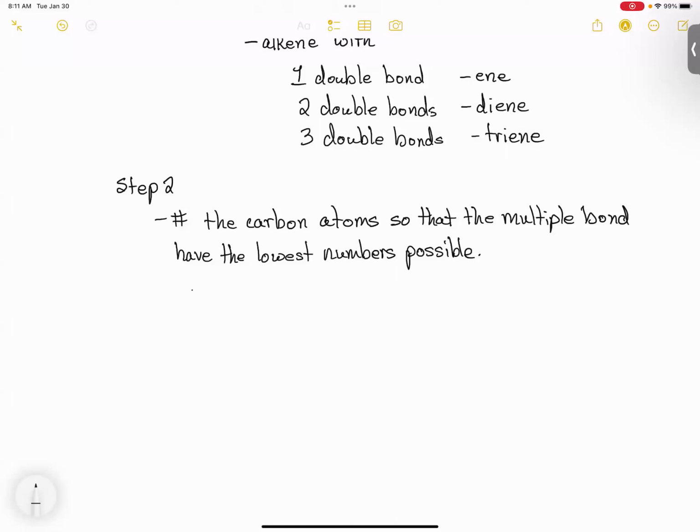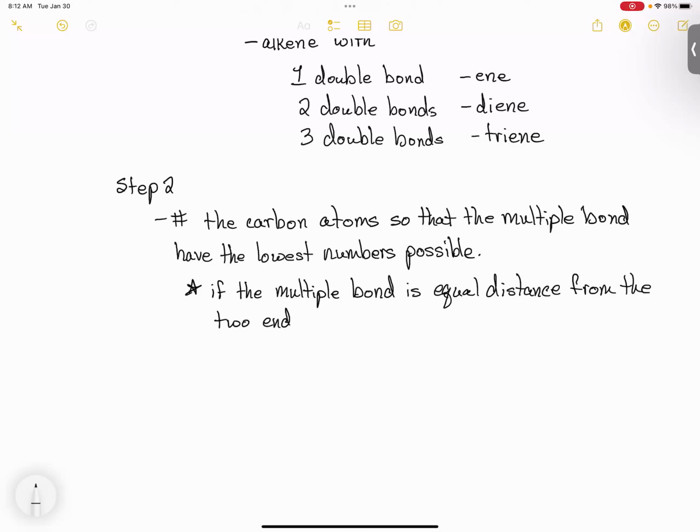Now, there is one caveat, and that is if the multiple bond is equidistant from the two ends, number so that the substituent gets the lowest number.